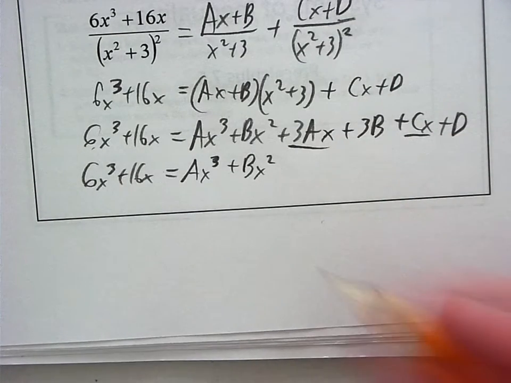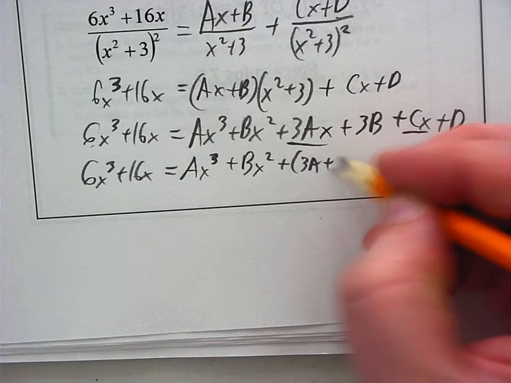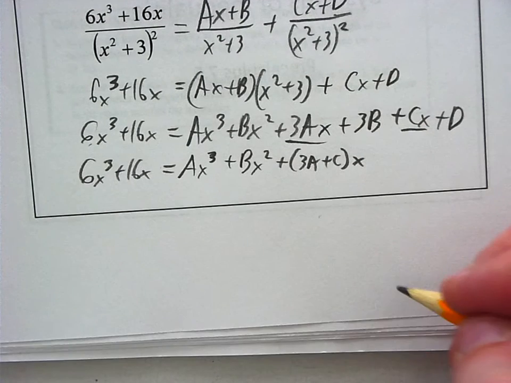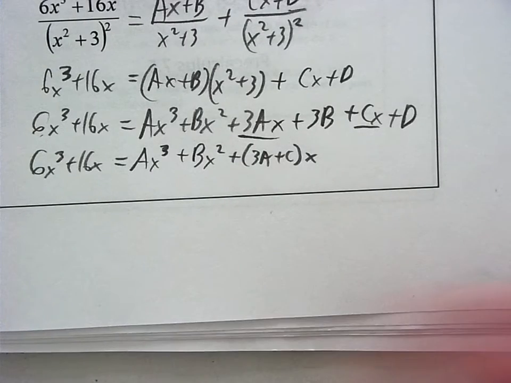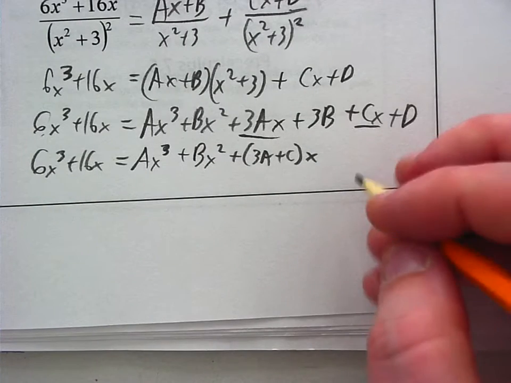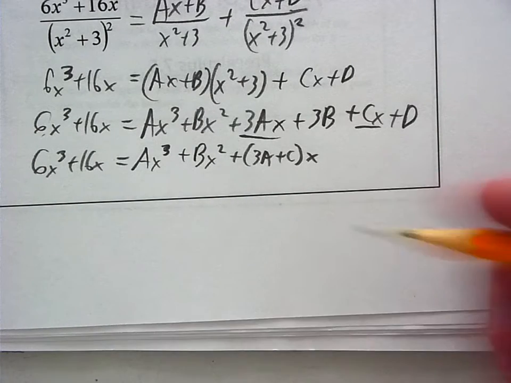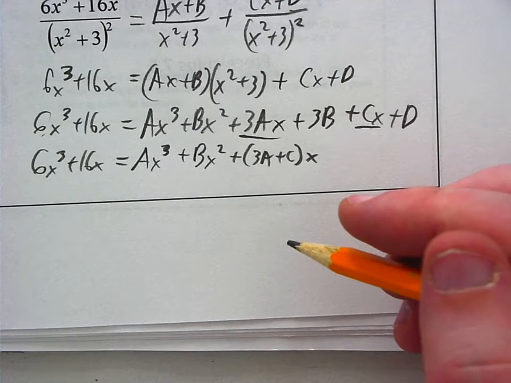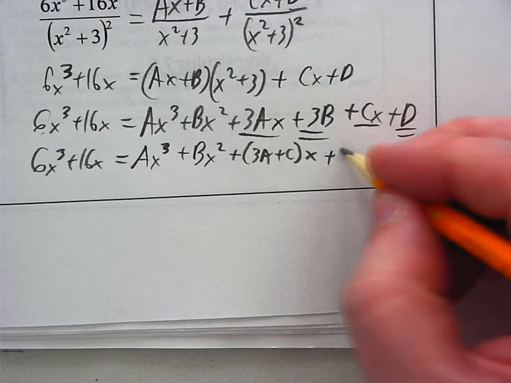Yeah, the 3ax plus cx means 3a plus c. I would put in parentheses 3a plus c times x. Anyway, the constant then is what? 3b plus d. Yeah, 3b plus the d.